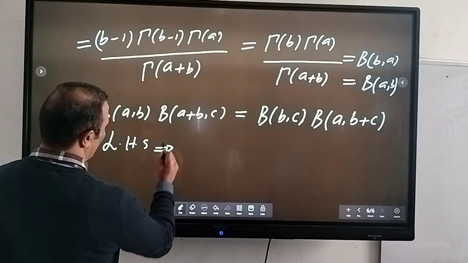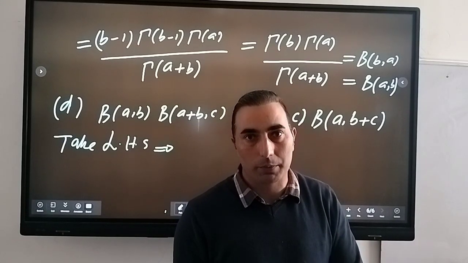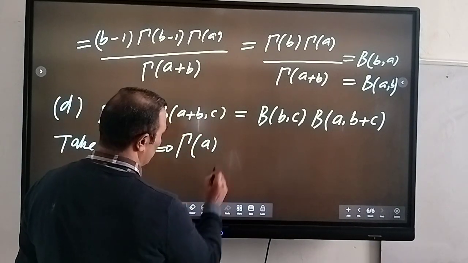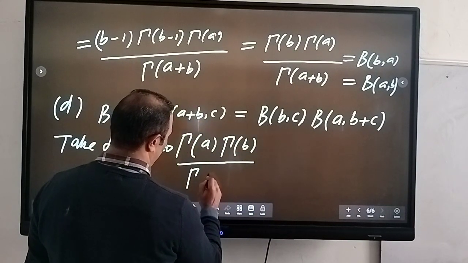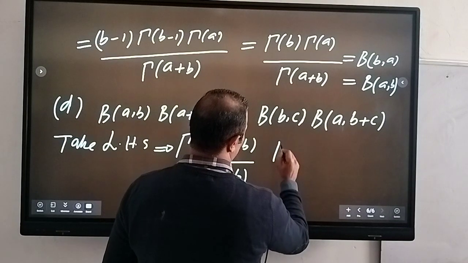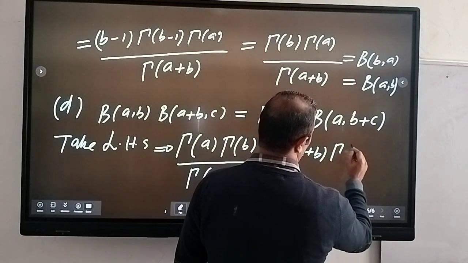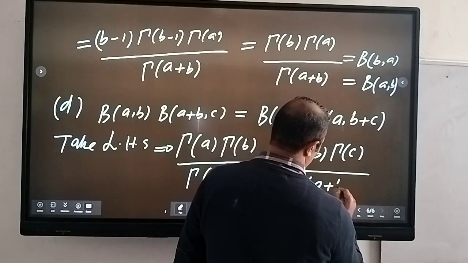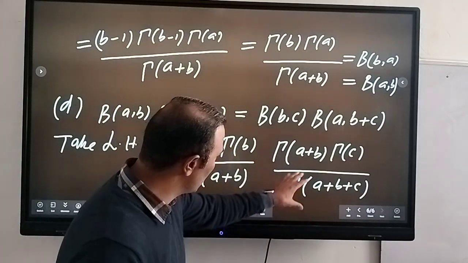So what's my left hand side? It is beta of AB. Using that property, B of AB is equal to gamma A gamma B divided by gamma A plus B. I basically express that beta function in terms of the gamma function.